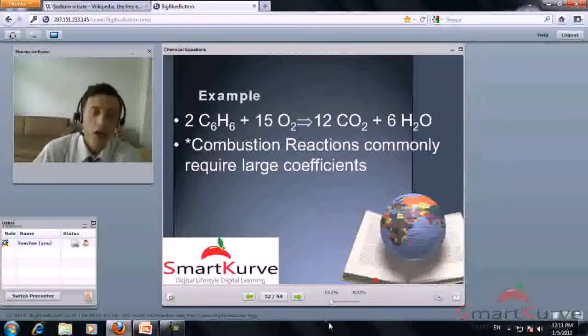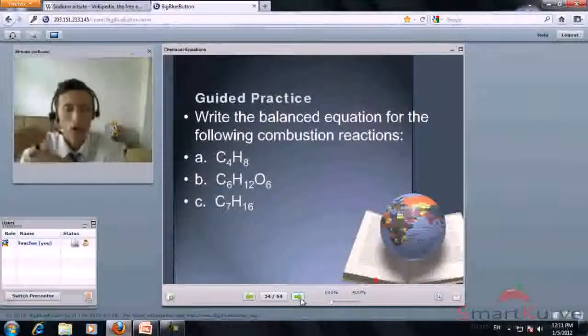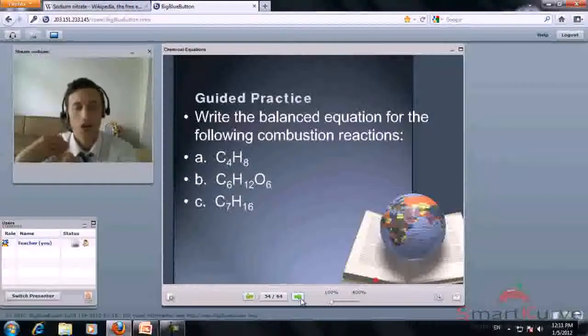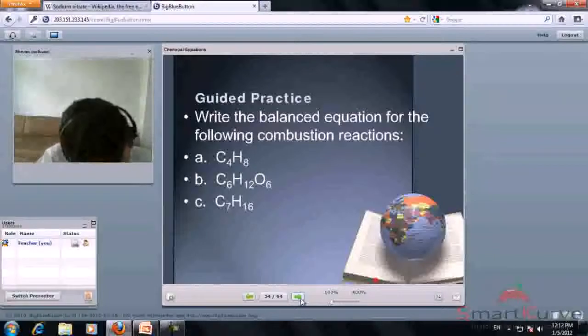In this case, we end up with many molecules of diatomic oxygen and many molecules of carbon dioxide. Write the balanced equation for the following combustion reactions. The one I want to look at there is B, C6H12O6.